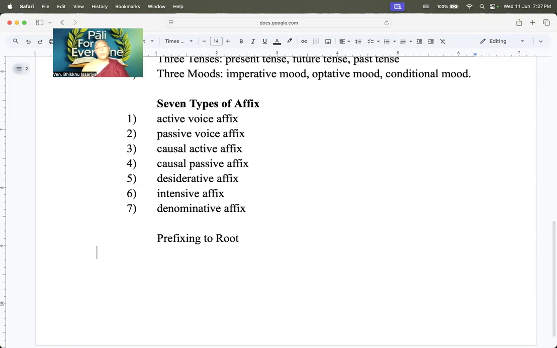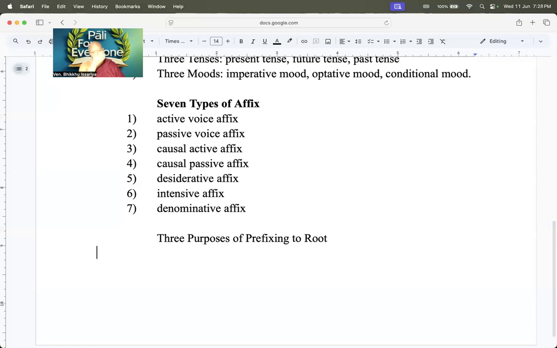Later when we read, when we write, or when we study, you will catch it. Okay. Now, three purposes of prefixes to a root.